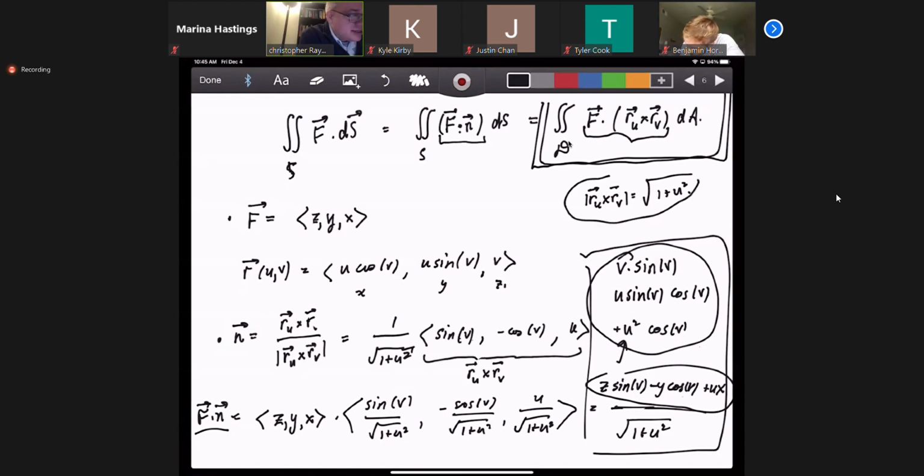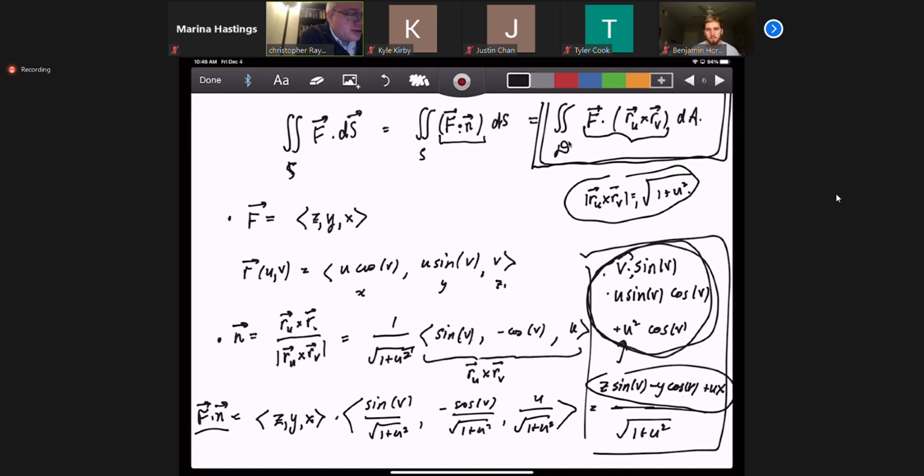Remember, dS is this area distortion factor times dA. So we're going to have to multiply through by this guy. And this circled quantity is going to be our integrand for the double integral over D. Okay, and v sine v, that's something we can integrate by parts.